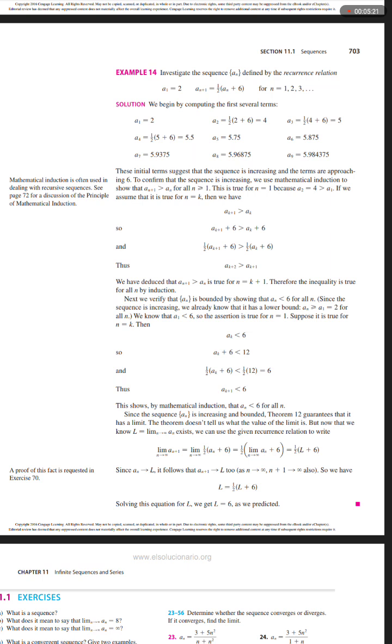So we have L = 1/2 (L + 6). Solving this equation for L, we get L = 6 as we predicted.